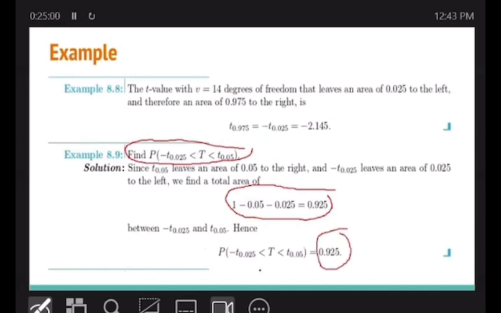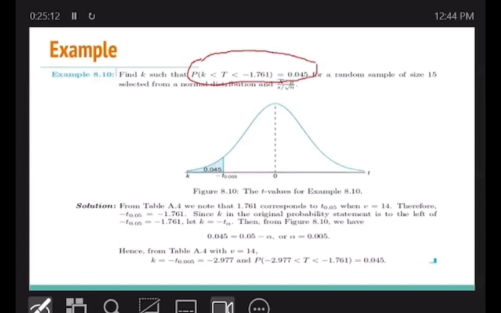But what if in a situation where one of these is missing and they gave you this? How do we go about it? I need you to pay attention on how we're going to go about it. Now, if you look at the question, it says find K such that the probability of T lying between that equals that for a random sample of size 15 selected from a normal population.